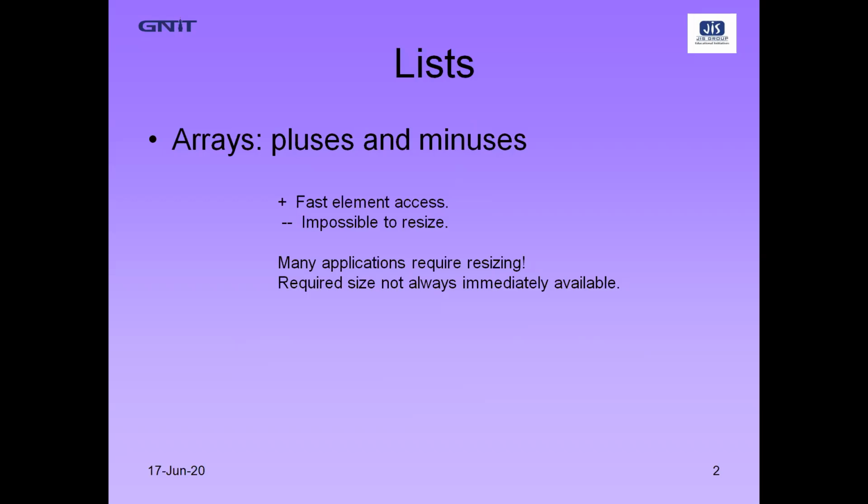Accessing an element in an array is fast, as I told, while a linked list takes linear time, so it is quite a bit slower. Operations like insertion and deletion in arrays consume a lot of time. On the other hand, the performance of these operations in a linked list is fast. Next point, arrays are of fixed size.